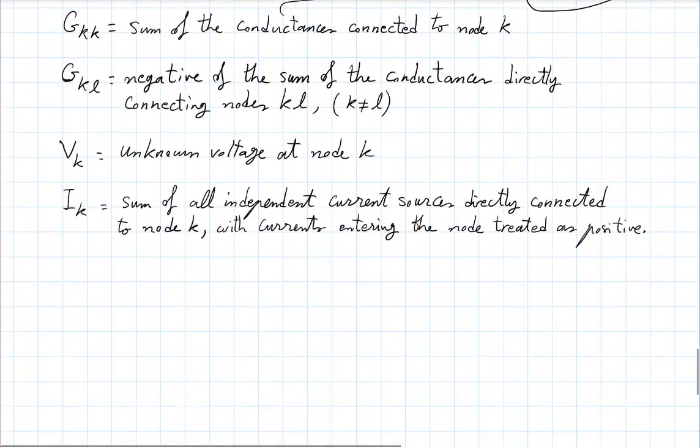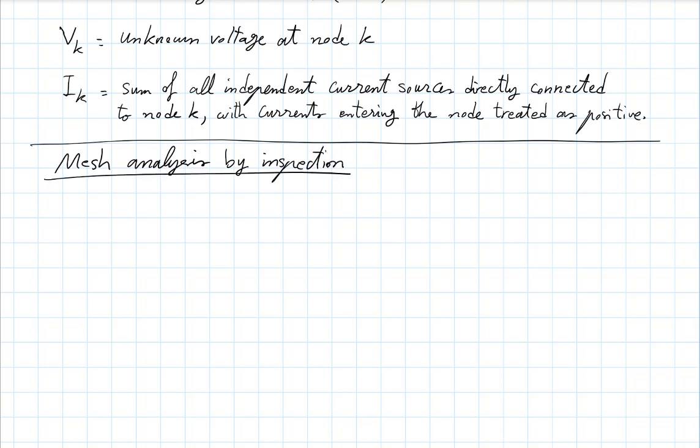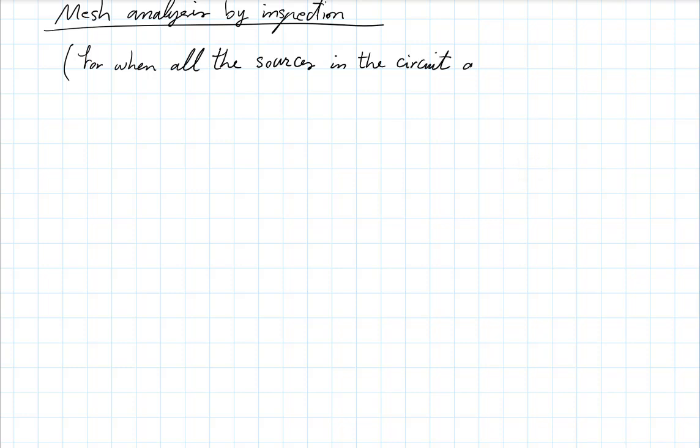So, mesh analysis by inspection. Again, limiting it to when all the sources in the circuit are independent voltage sources.